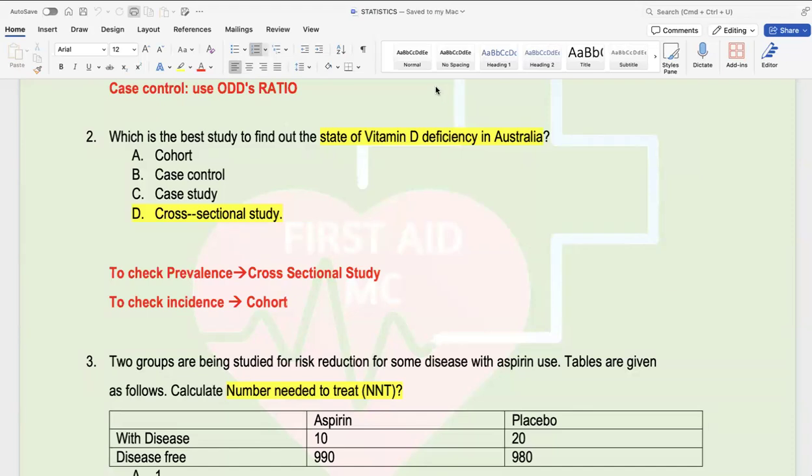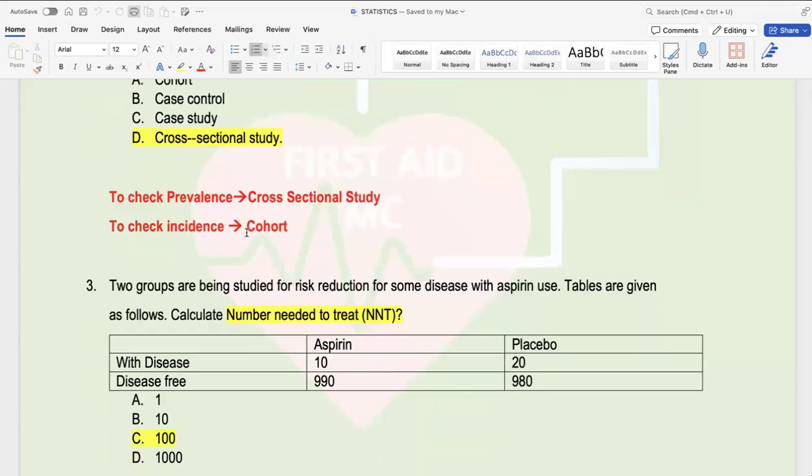Cross-sectional. So anytime a question asks you to find out the number of diabetic patients in your community, whenever they want to know the total number of diseased patients in a community at a particular time, the choice is cross-sectional. Okay.